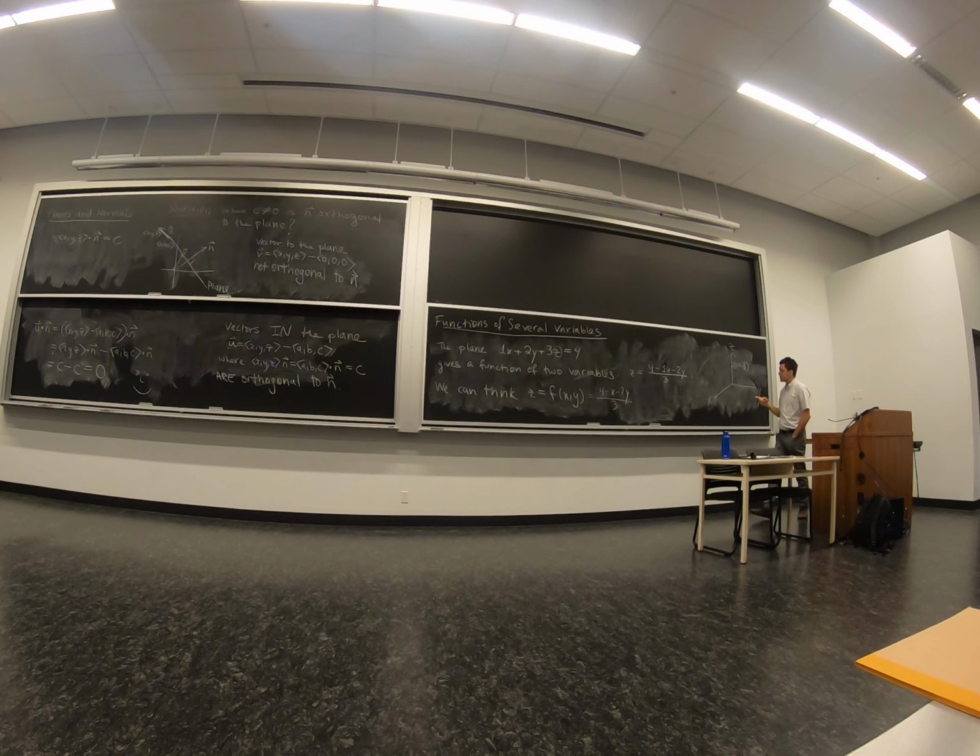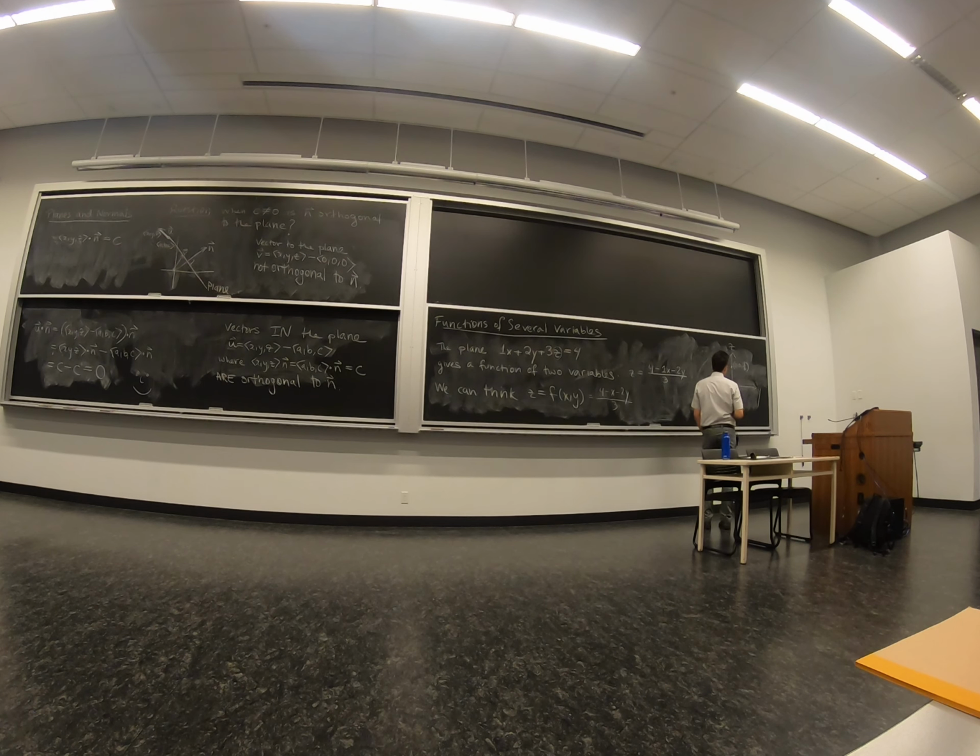We get that point by plugging in x is 0, y is 0, then we get 4/3 here. If we plug in x is equal to 4, y is 0, we get a 0.